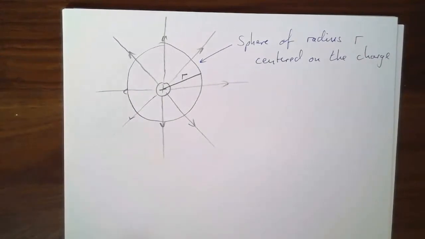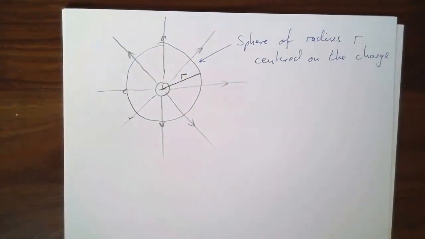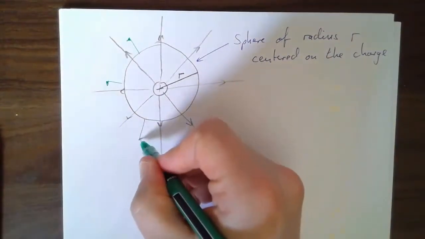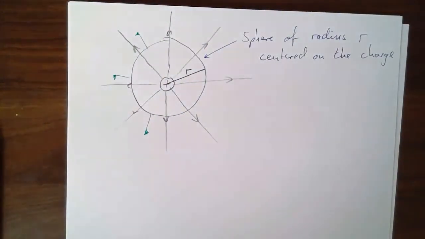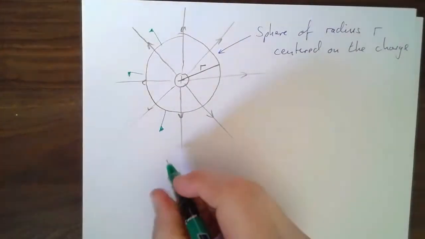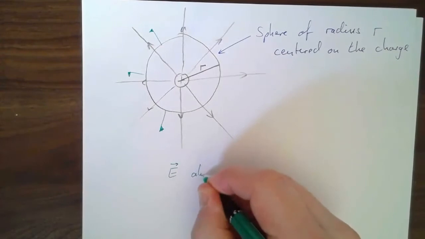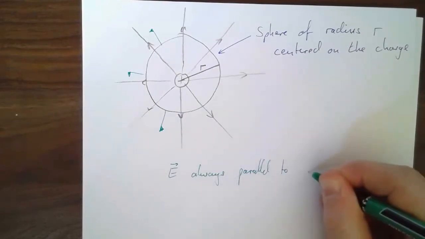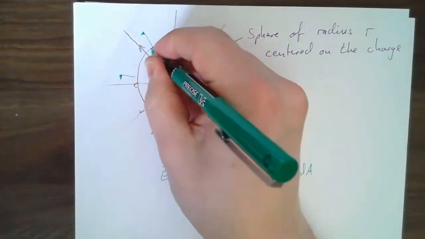One thing that's convenient here is that while the surface itself is curved, and therefore the flag, the area vector, keeps changing direction, sticking out like this, like this, like this, what we notice is that the electric field E is always parallel to the flags, to every tiny chunk of area.